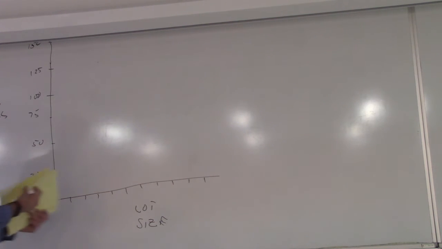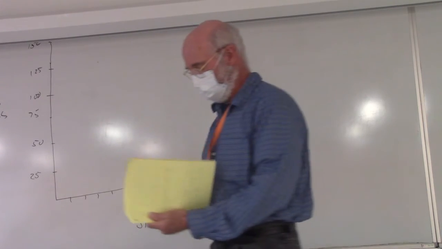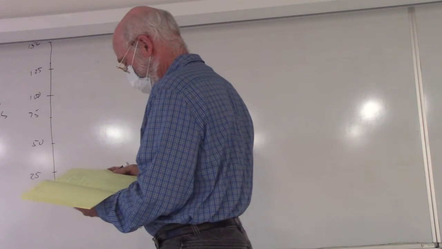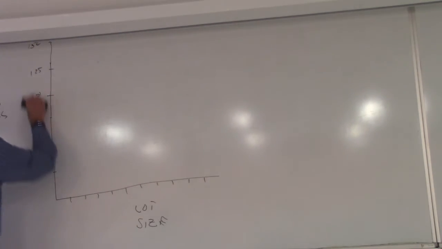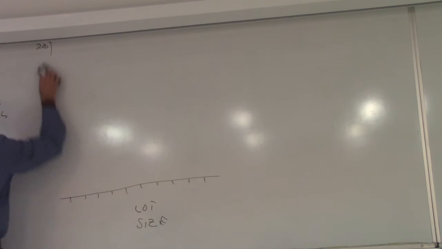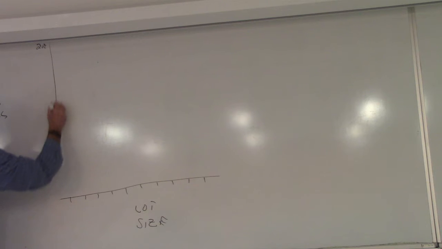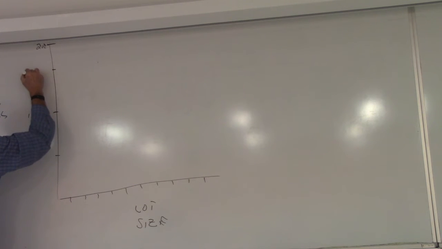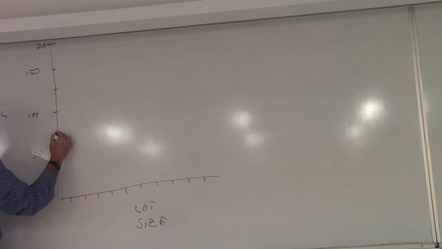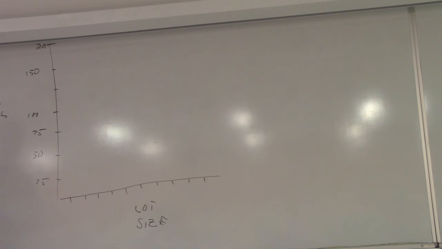Okay, so I got up to 170 for a lot size of 80. All right, let's start over. My top, all right, 200, there we go. So that's 100, there's 200, there's 50, there's 150, 125, 75, 25. Close enough for government work.